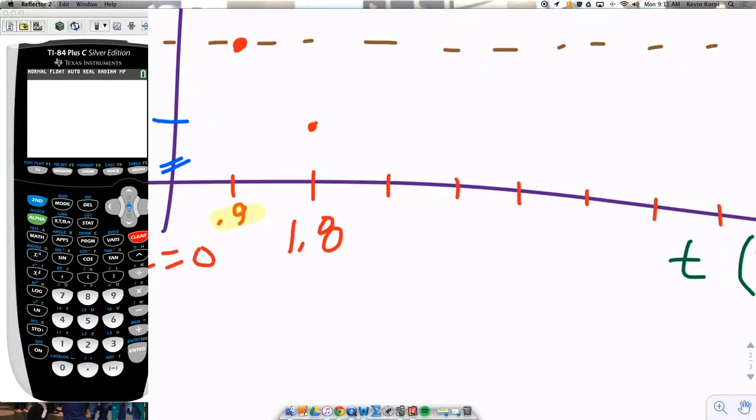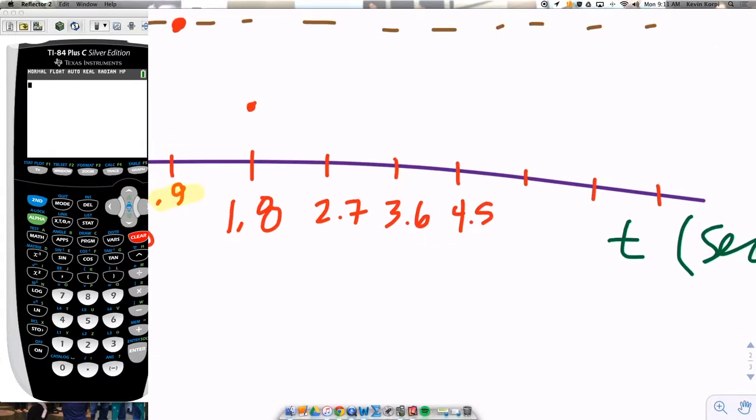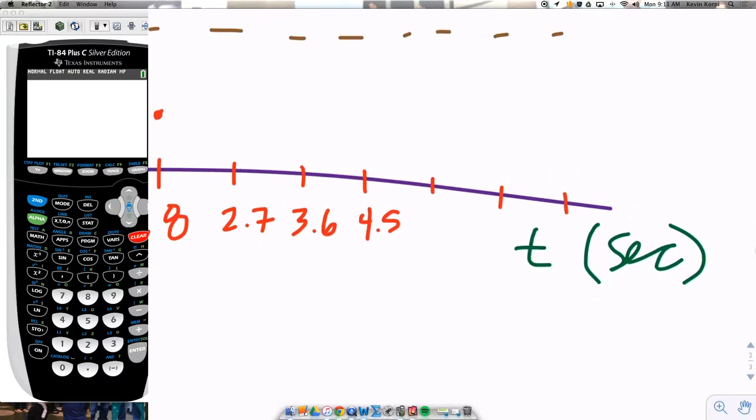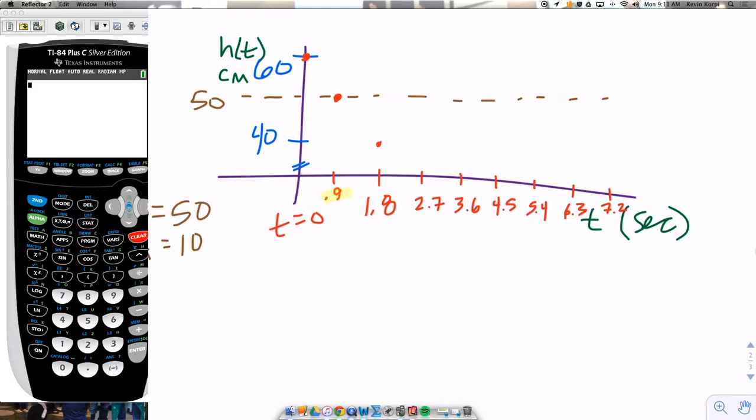So 1.8 plus 0.9 is 2.7, then 3.6, then 4.5. Look what's happening. The ones place is getting one bigger, and the tenths place is getting one smaller. I see the pattern. Just multiples of 9. 5.4, 6.3, 7.2, 8.1. We could keep going, but that's as far as my graph extended.